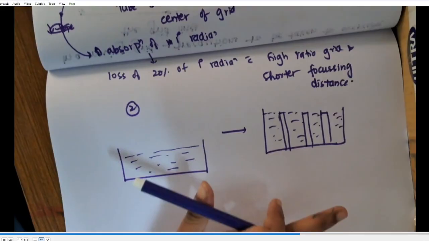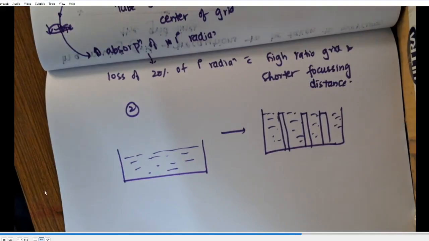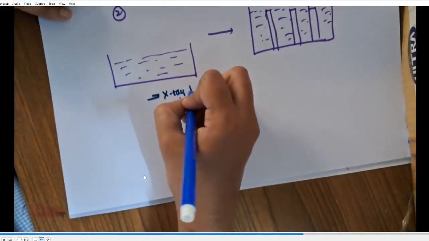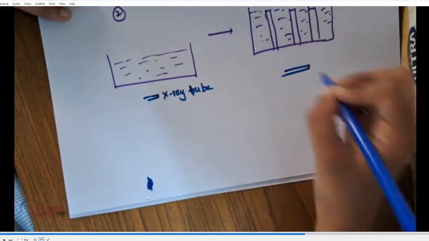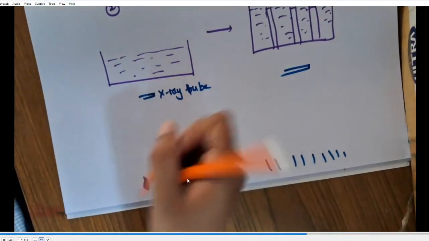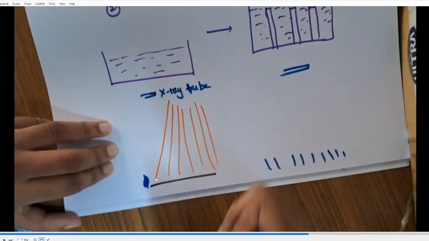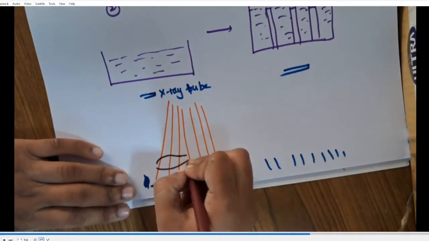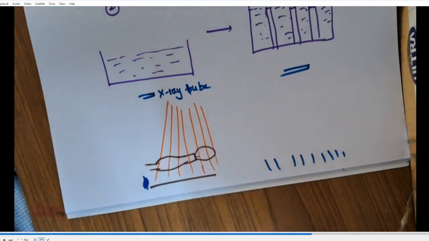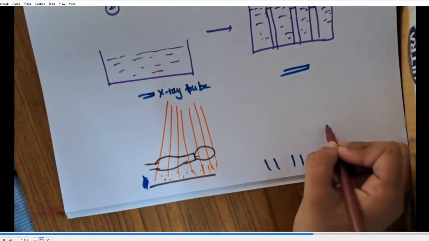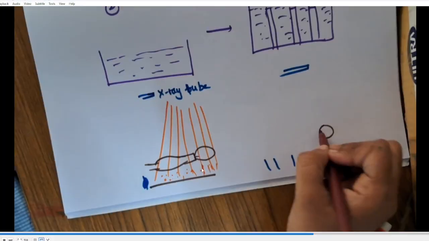Here also, with the grids, it is almost similar. This is the X-ray tube. When there is no grid, the photons are spread uniformly on the film.